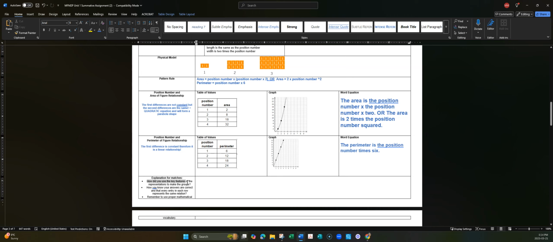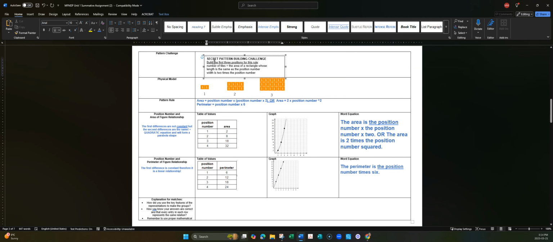How did you use the key features of representations of these two groups? Well, explain what you did. I read the secret pattern building rule. I drew out using algebra tiles. I figured out what the pattern rule would be. How do you know your answers are correct? Well, because a quadratic has an exponent of 2, the highest exponent.